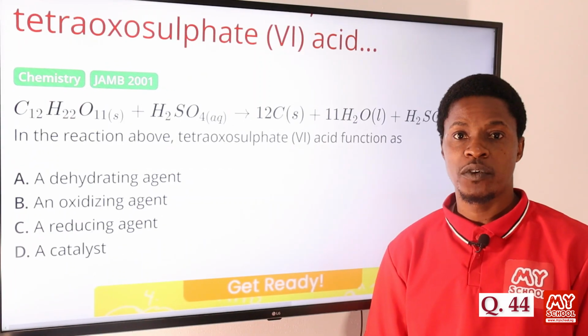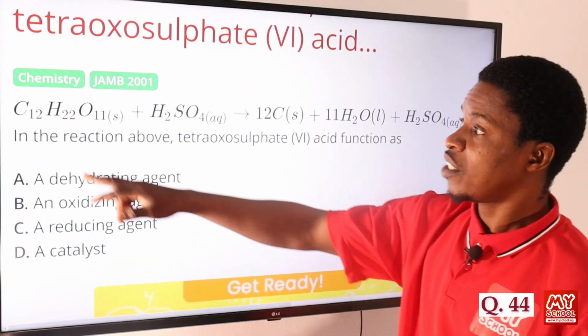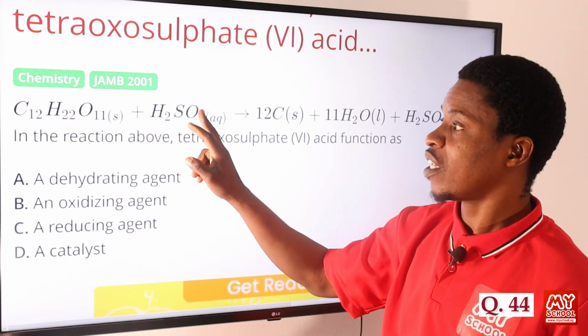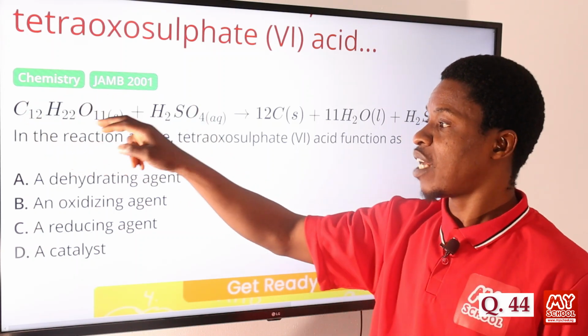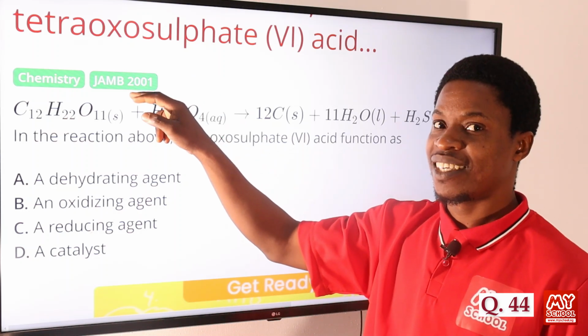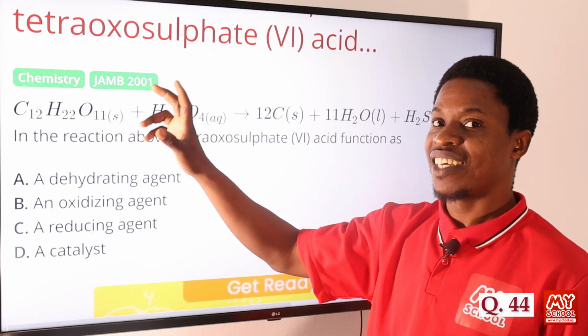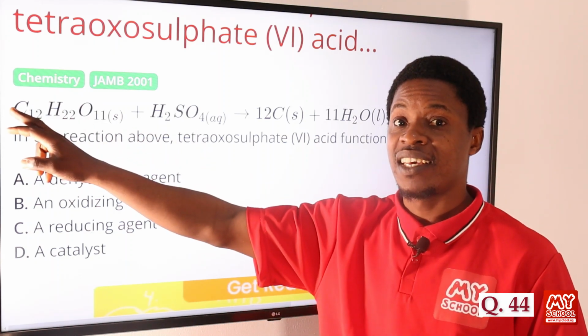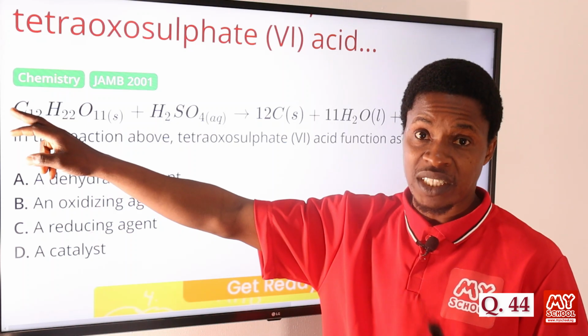Now question number 44. C12H22O11 plus H2SO4. Okay, this reaction is actually referred to as a dehydration reaction. The reason being that this is sugar here. It could be your sucrose, sugar we take.